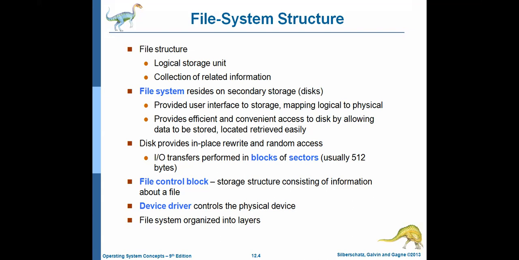I want to read the information from the 14th block. You need not go one after the other, like one after the two, two after the three, three after the four, like that. So directly you can go to the 14th block. Okay, that is called as a random access.